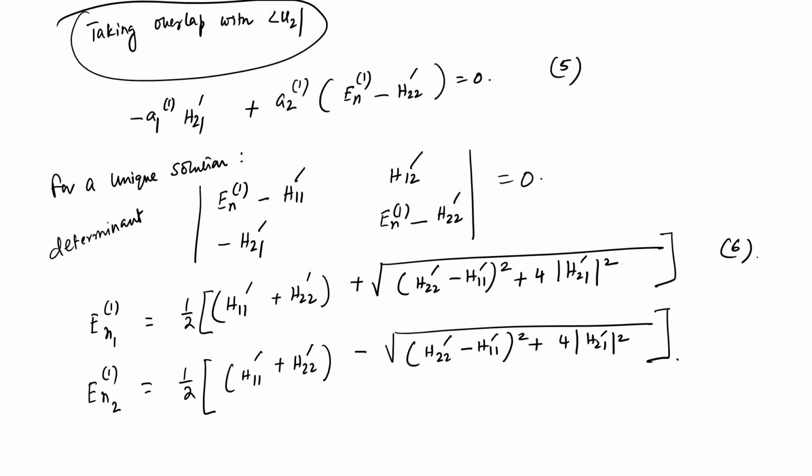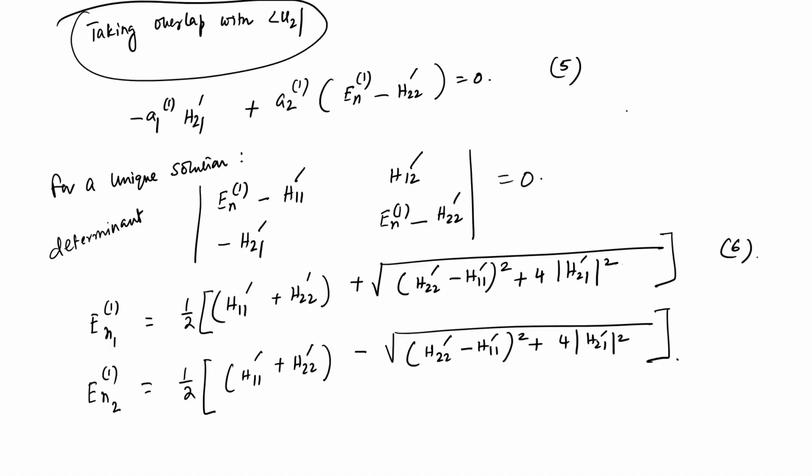We did not have a single algebraic equation to solve in order to get En1, but it came as a matrix equation, and for a unique solution the determinant of the coefficient matrix will have to vanish, and that gave us these two corrections to the energy. So, suppose you have these energy levels which were earlier degenerate.